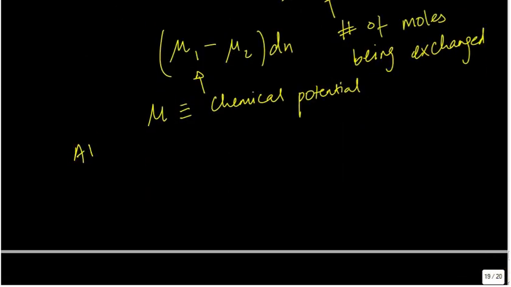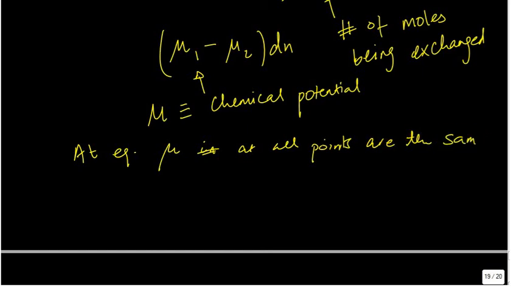So at equilibrium, the chemical potential at all points is the same for that particular component.